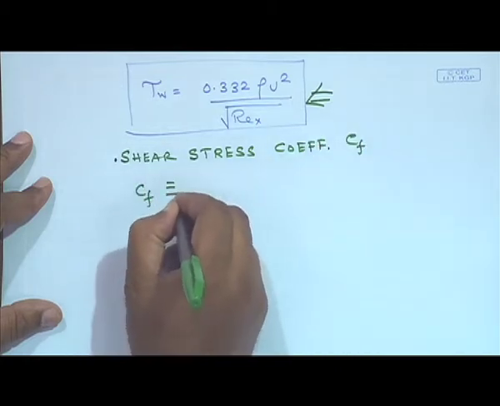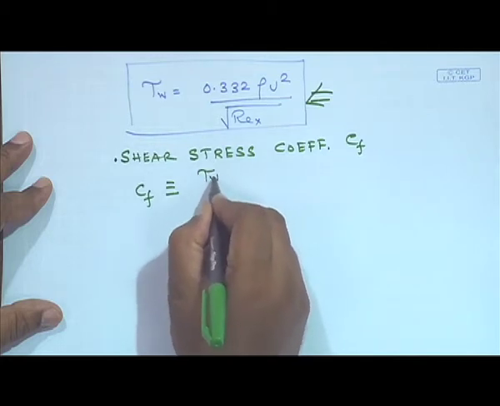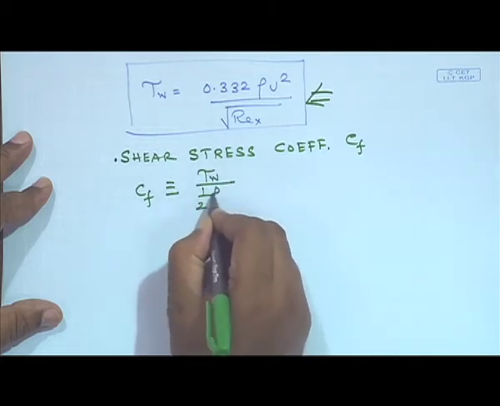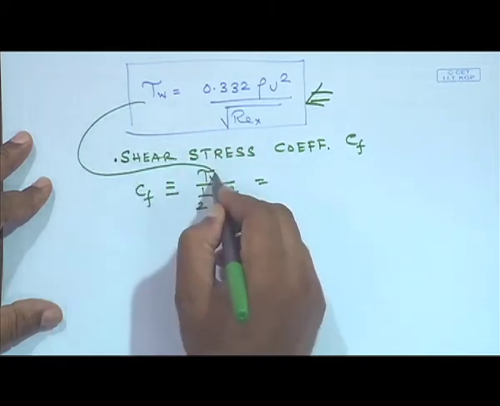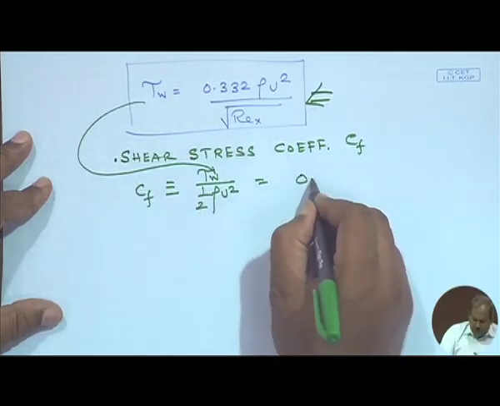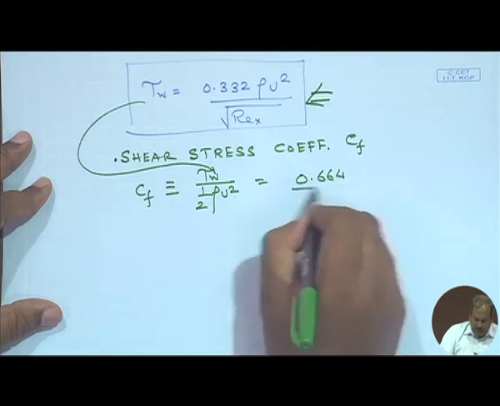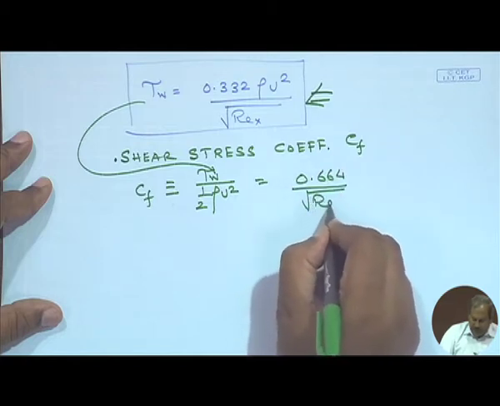By definition, Cf is wall shear stress by the dynamic pressure, and therefore if you bring in the expression of tau w in here, what you would get is 0.664 by root over r e x.